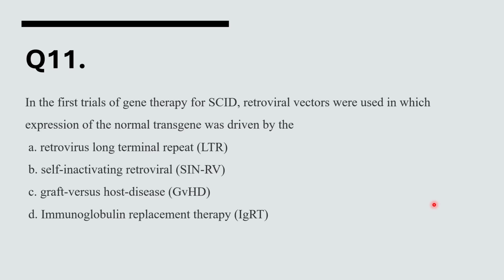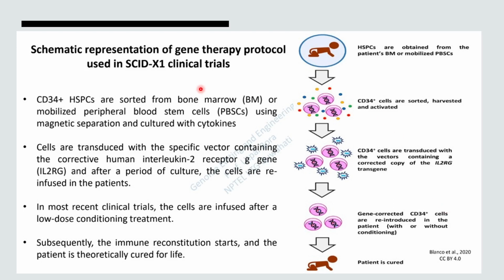Okay, let's discuss it then. This shows the schematic representation of the gene therapy protocol used in SCID-X1 clinical trials, where CD34 plus hematopoietic stem cells are sorted from bone marrow or mobilized peripheral blood stem cells using magnetic separation and cultured with cytokines.